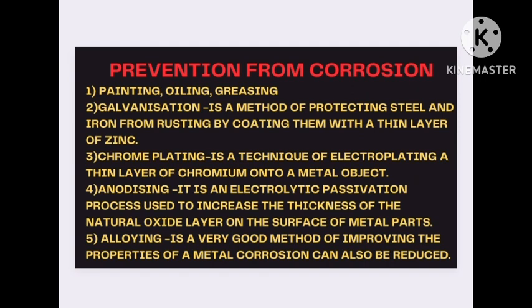It becomes hard and strong. When iron is mixed with nickel and chromium, we get stainless steel, which is hard and does not rust. Thus, if iron is mixed with some other substance, its properties change. The substance added may be a metal or a non-metal.